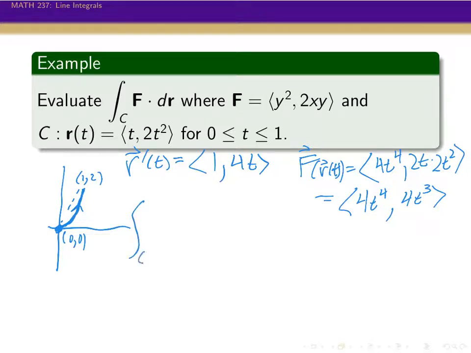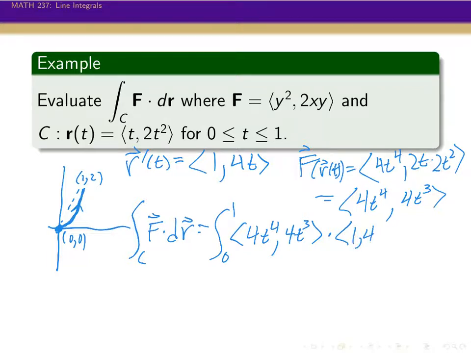So our line integral, f dot dr, we're still integrating from 0 to 1, and we're dotting 4t to the 4th, 4t cubed, dotted with 1 comma 4t, dt. And so 4t to the 4th, plus now 4t cubed times 4t is going to give me 16t to the 4th dt.